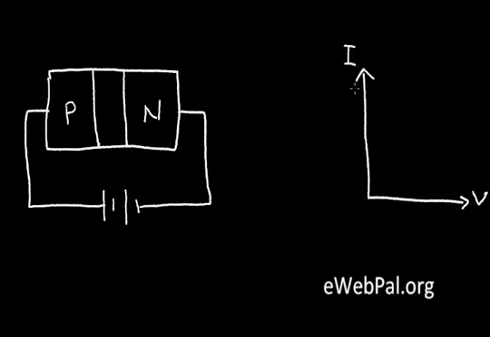And I'm going to plot the current in this diode versus the battery voltage, V. This is the direction of the current. Now, if I start at 0 volts for the battery voltage, I'll be operating at a point here on the current versus voltage curve.